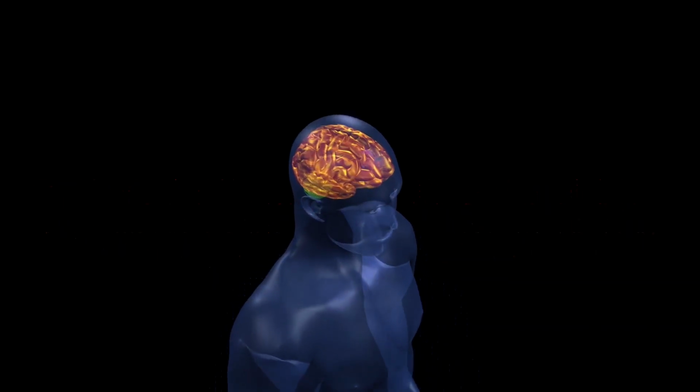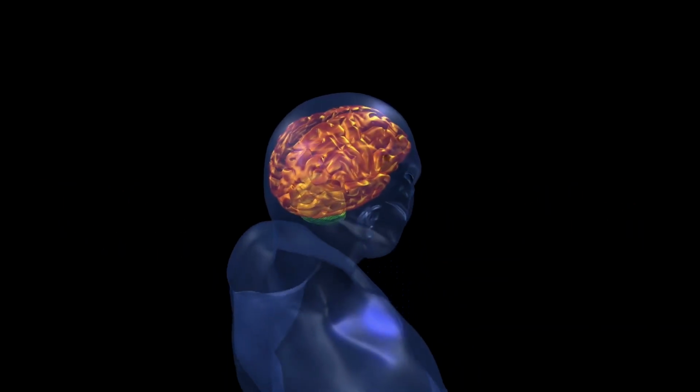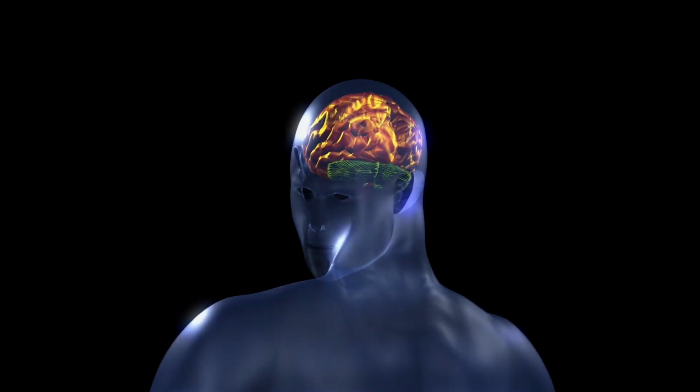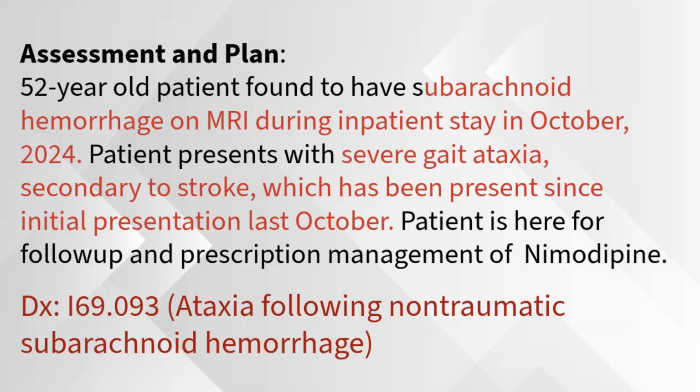This condition can be caused from inheriting certain genetic mutations, having Alzheimer's disease, hypertension, among others. Now let's take a look at how to assign an ICD-10 code for the current patient illustrated here.